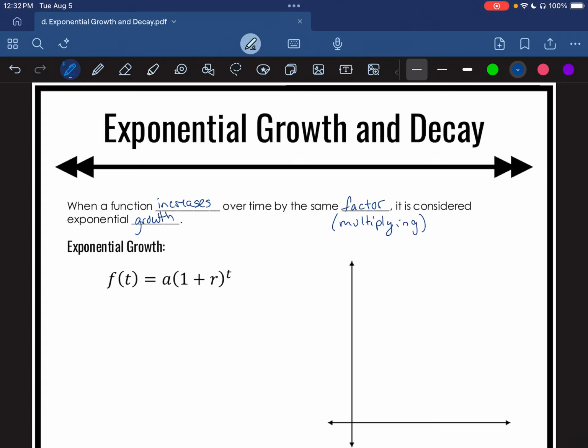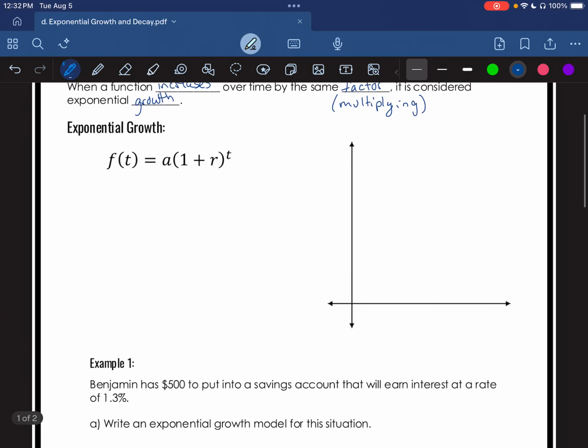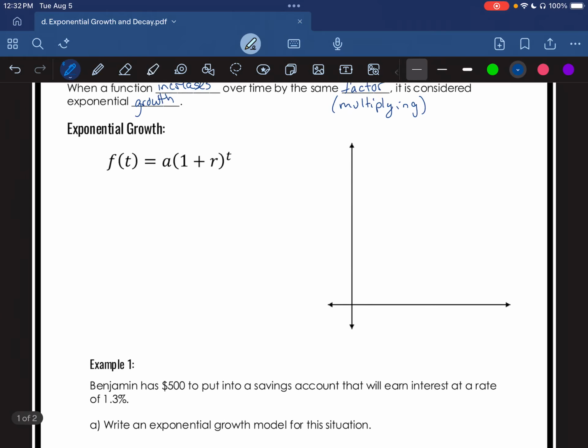Now, there's a lot that should look familiar to you in this formula here. So f of t is equal to a. A is doing the same job that it has been doing when we talked about exponential functions in general. It's our y-intercept. And you will recall that the y-intercept happens when the input, in this case t, is equal to 0.